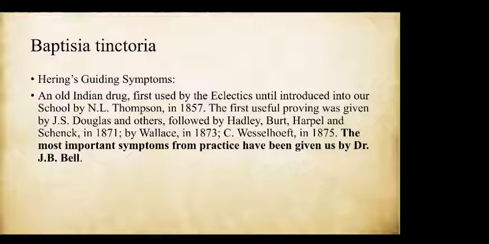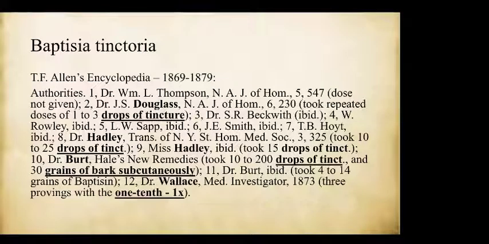The first useful proving was given by Douglas and others, followed by Hadley, Bird, Harpel, and Schenck, in 1871 by Wallace, etc. You can read it for yourself. But notice the bottom line. The most important symptoms come from practice, not from provings, from practice. And they have been given to us by Dr. Bell. Here is what it says in Allen.